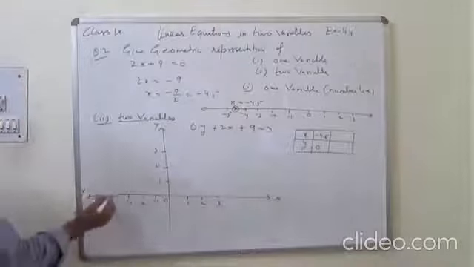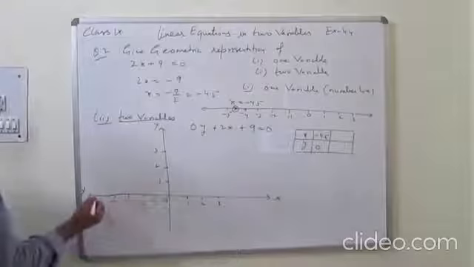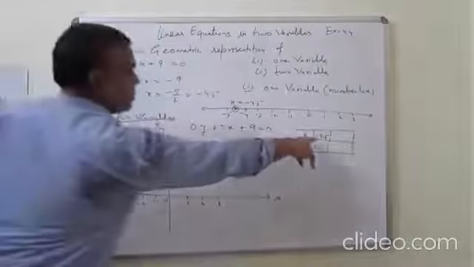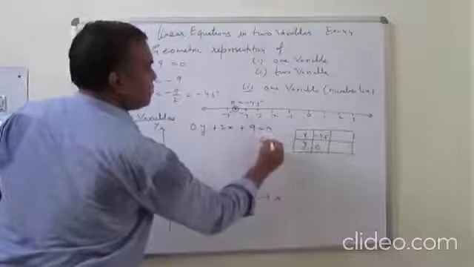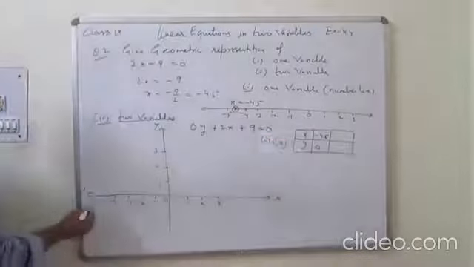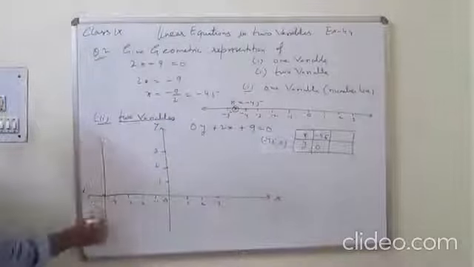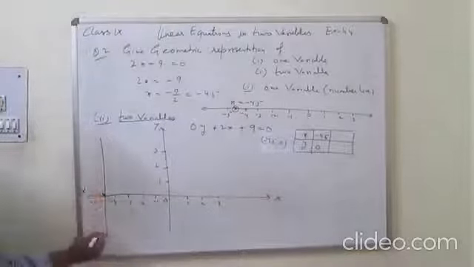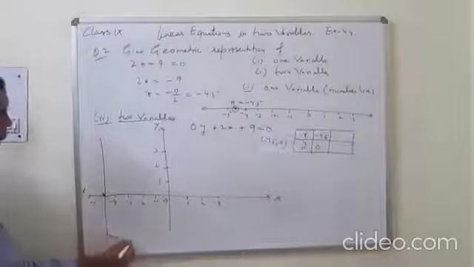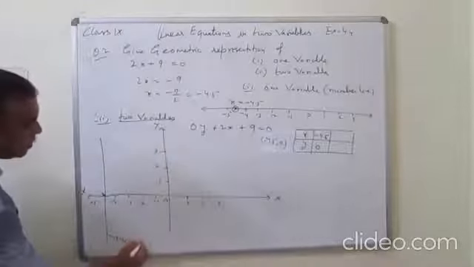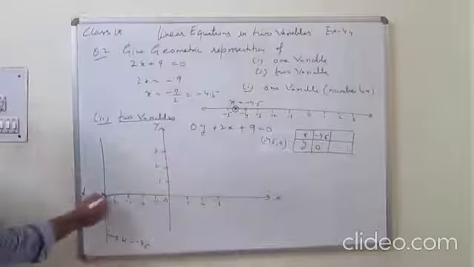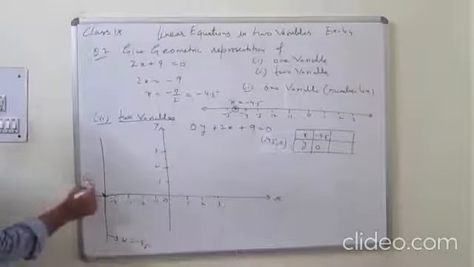Now the point is minus 4.5. x is what? This is the point. y is 0. You have to draw minus 4.5 comma 0. So this is the point and this is the line. So this is the line x is equal to minus 4.5. So this point is minus 4.5 comma 0.